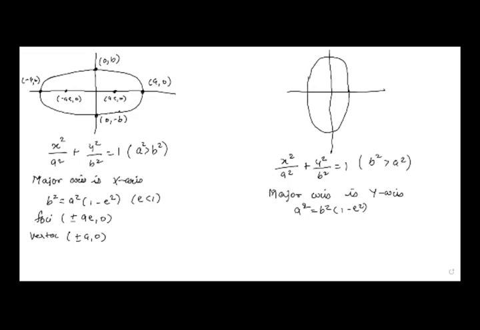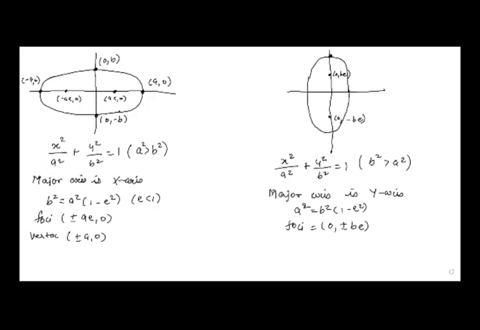The same way here, the foci will be on y axis, and it will be 0 comma plus minus b. So these are the foci.